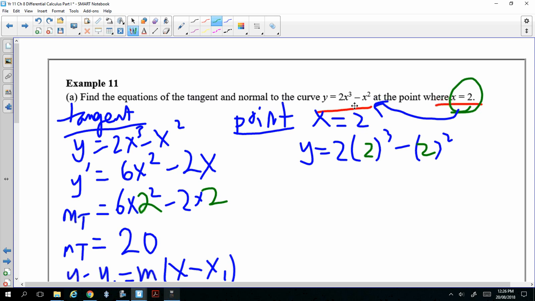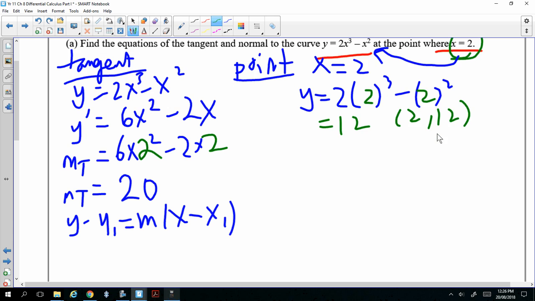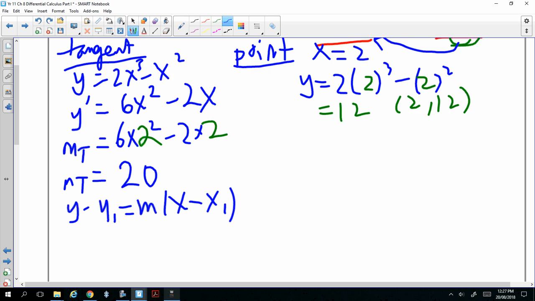So what would that be? 8 times 2 is 16 minus 4, 12. So the point is 2, 12, right? So you do point gradient form, y minus 12 equal to the gradient, x minus 2.